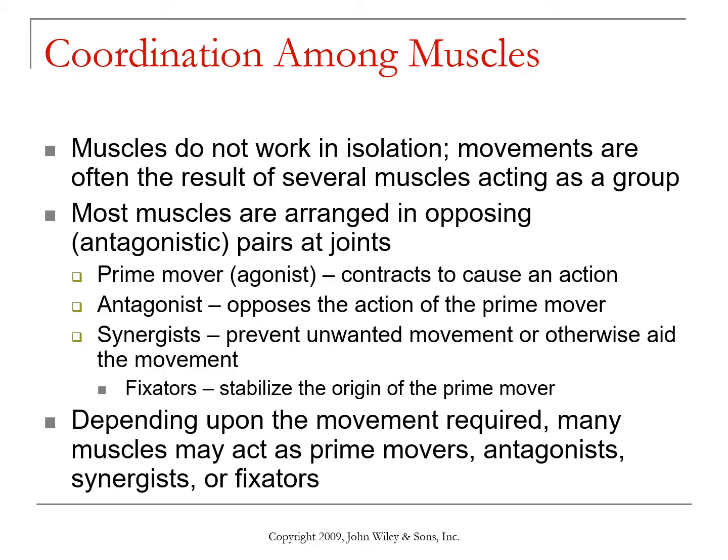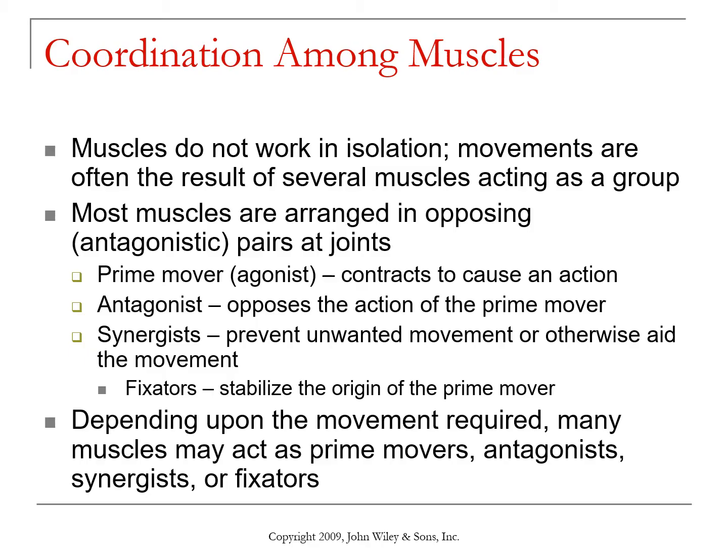Most muscles are arranged in opposing or antagonistic pairs at joints. So as we saw on the previous slide, one muscle covers one surface of the bone and its antagonist will cover the opposite surface. The prime mover, which is also an agonist, is the muscle responsible for that action when it contracts.